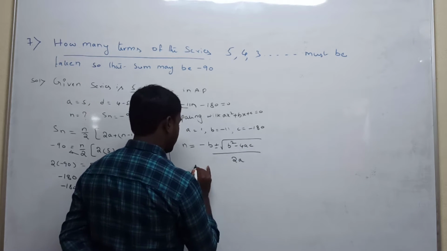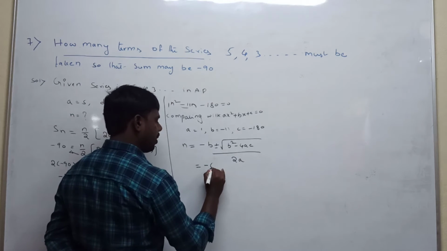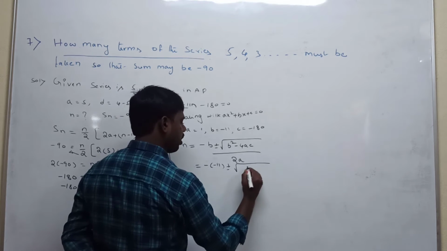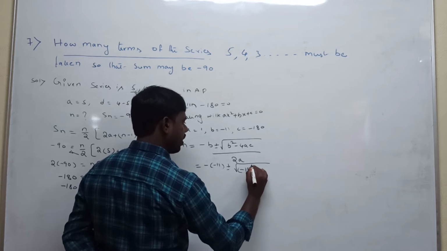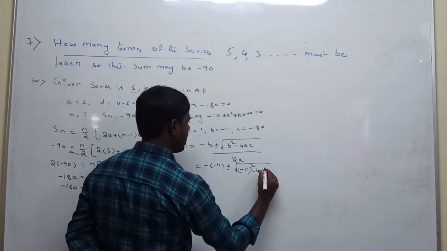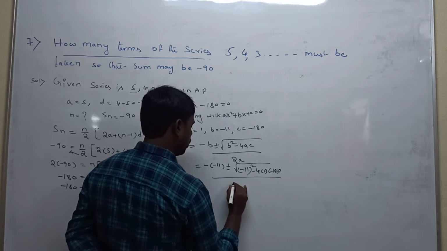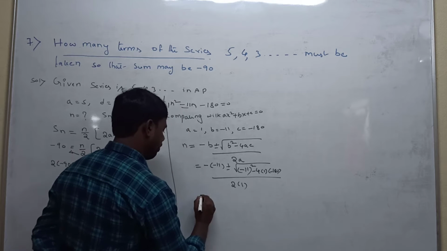Now substitute the a, b, c values in the formula. Minus of b value is minus 11, plus or minus square root of minus 11 whole square minus 4 into a value is 1, c value is minus 180, divided by 2 into 1. Now simplify.